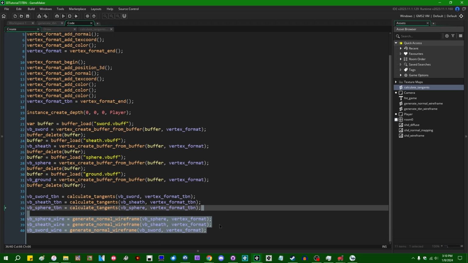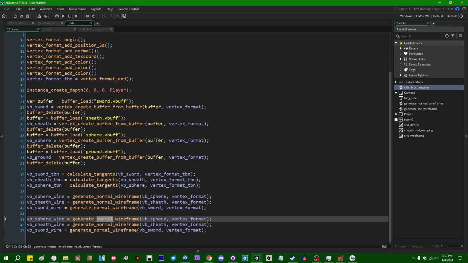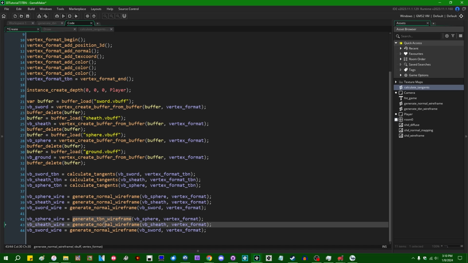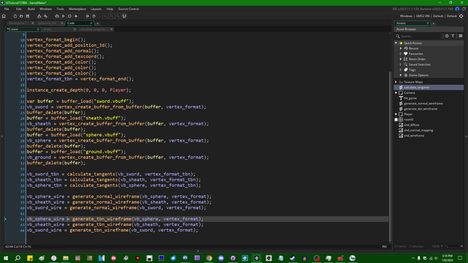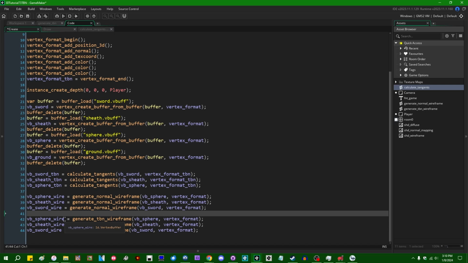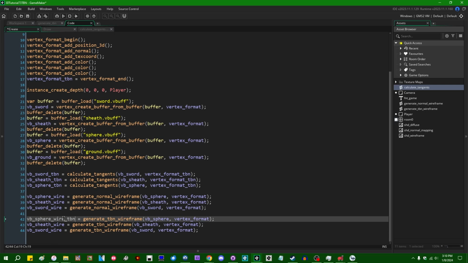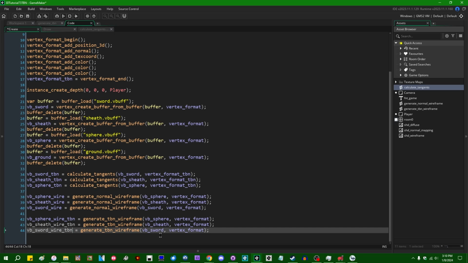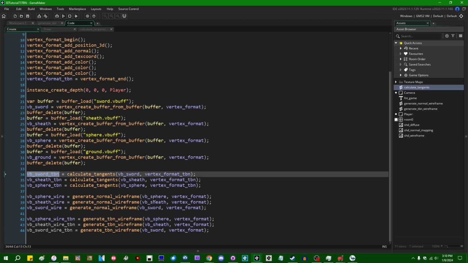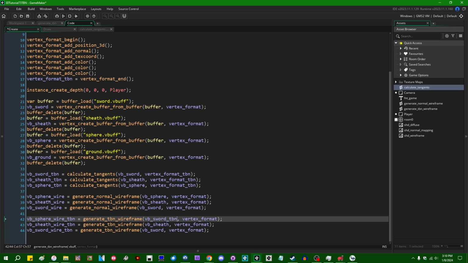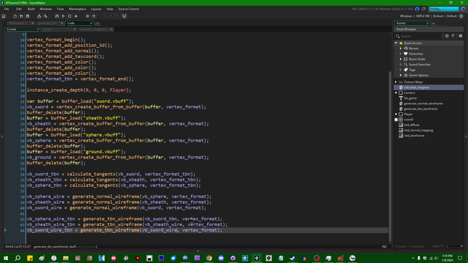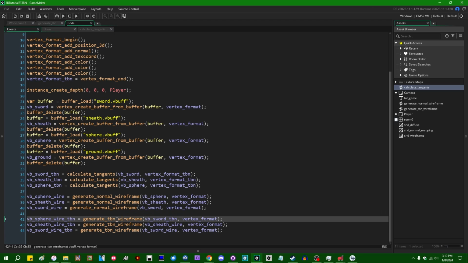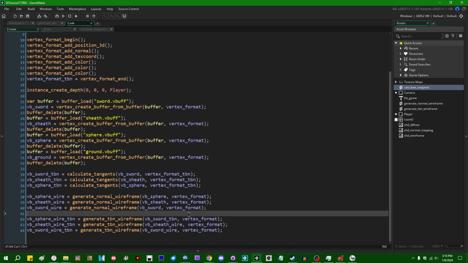So I'm going to use the generate TBN wireframe functions here, and I guess I'll say sphere wire TBN and whatever. I'm going to need to generate that vertex buffer from the ones that we actually modified that actually does contain the TBN information.